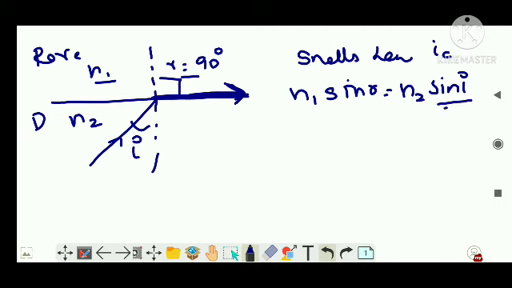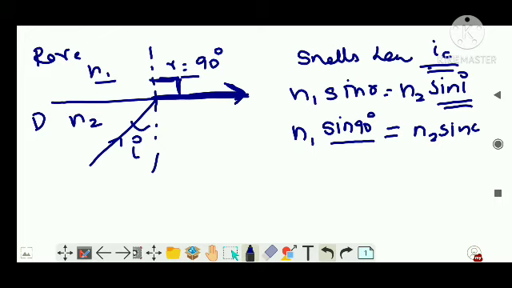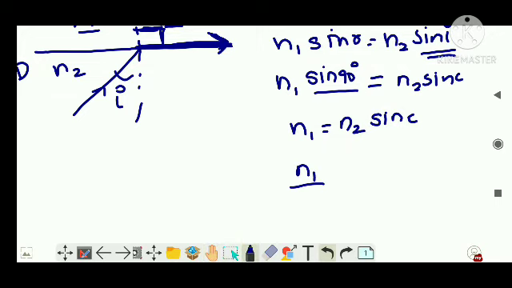That means sin i has now become n2 sin C, sin ic or C. In the textbook it is ic, you can write C, it's okay. Now n1, what is sin r? When critical angle has been achieved, r is 90 degrees. So I'll write it as n1 sin 90 degree. Now what is sin 90 degree? 1. So I will write n1 is equal to n2 sin C, or I can write n1 by n2 is equal to sin C. So what is critical angle? What is n1? Refractive index of what?